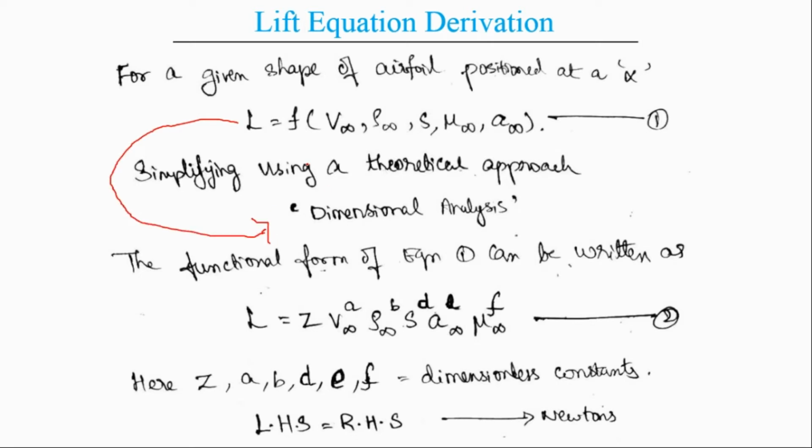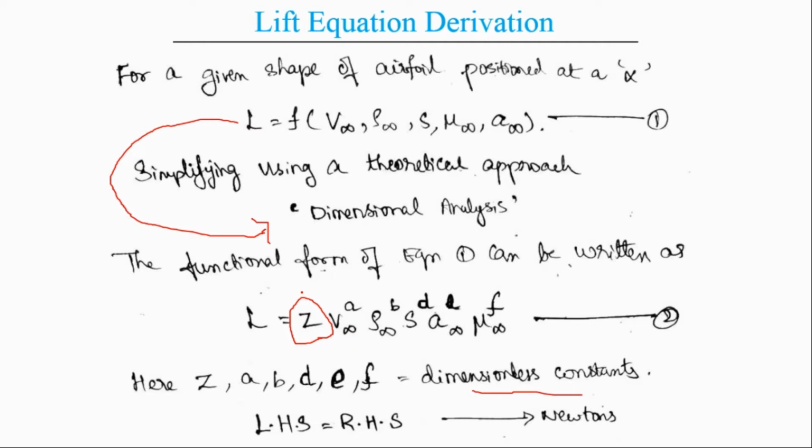Now, let me use the dimensional analysis. So dimensional analysis is a simple approach. Let's see how we do it. So we are rewriting the same equation 1 by using some dimensionless constants. Let me take a factor outward z, which may be 1/2 times or 2 times or 3 times.